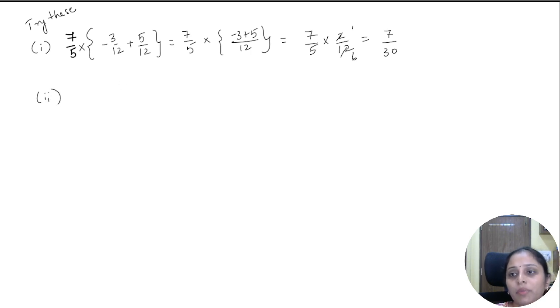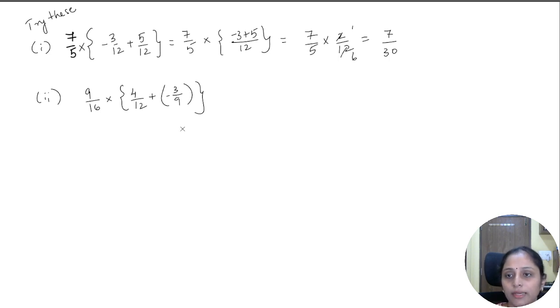Again they have given AB plus AC. I am going to write it as A into B plus C, just like we did in the earlier case.